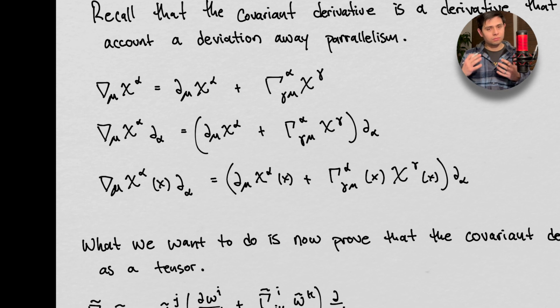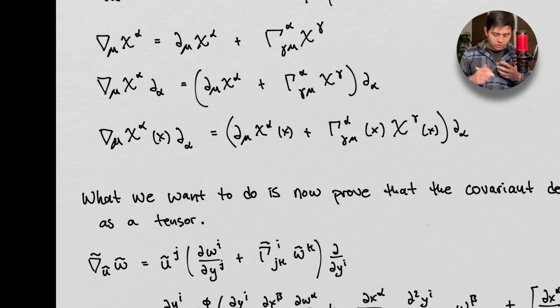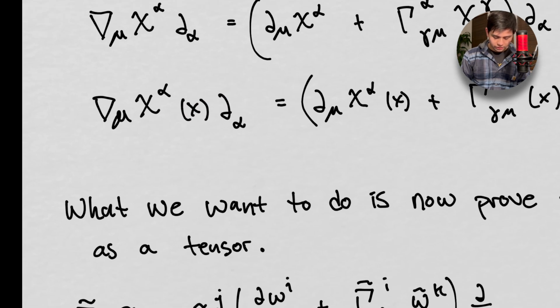To make this even more general, this entire object depends on spacetime itself. So everything in here has a spacetime argument, and this is actually four entries, because this is going to be x0, x1, x2, and x3.